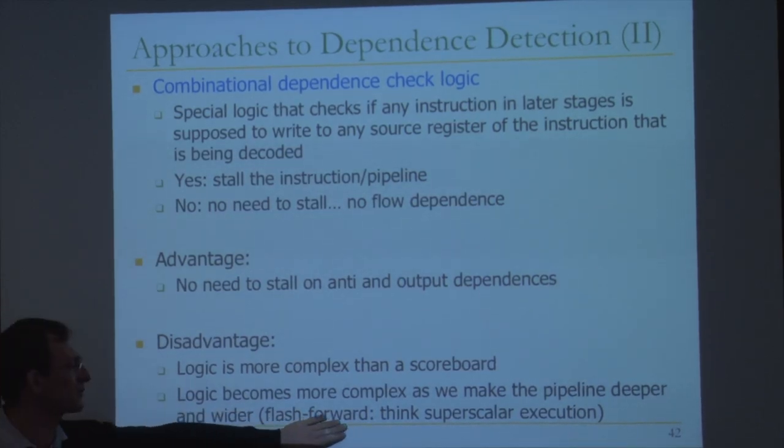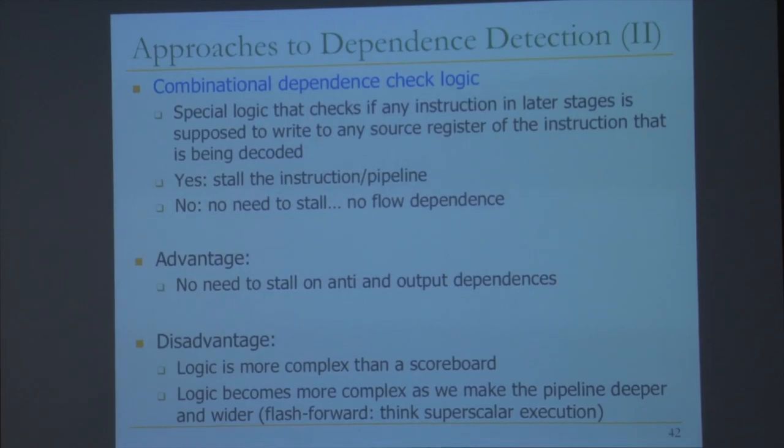We'll see this later. Flash forward, think superscalar execution. You can make the pipeline deeper and wider. Wider meaning you can have multiple instructions per cycle or multiple pipelines. Now you need to detect dependencies across the depth as well as width, and that's a lot of logic.